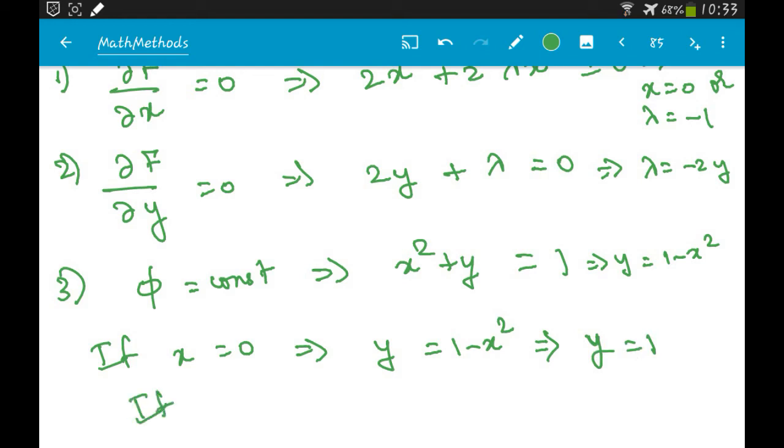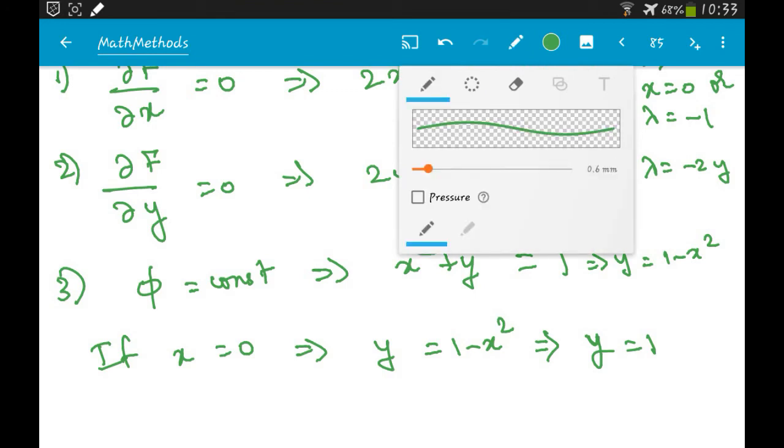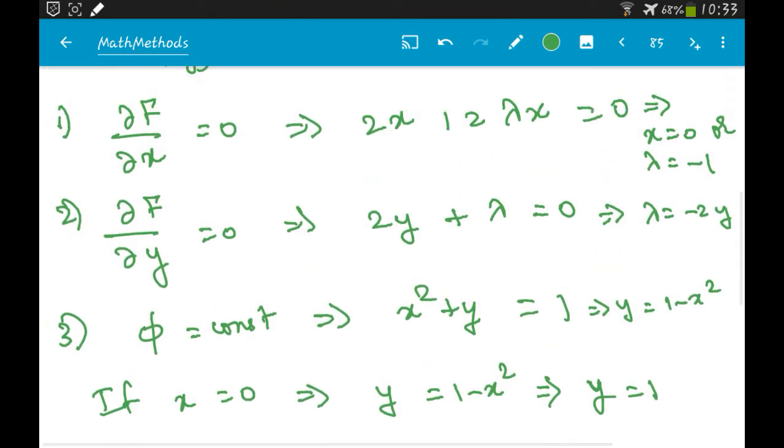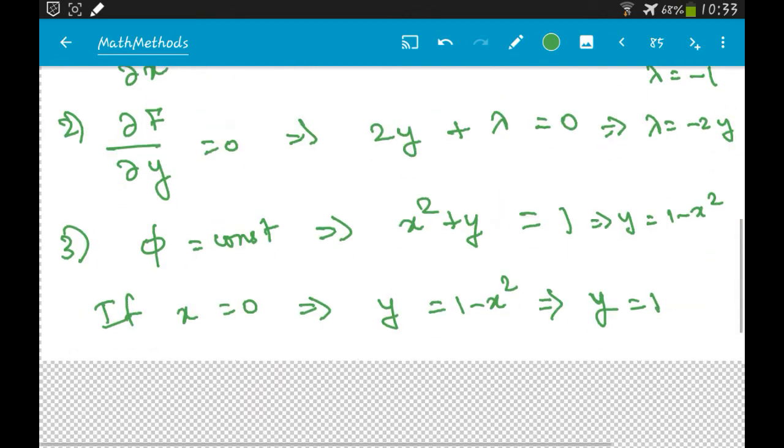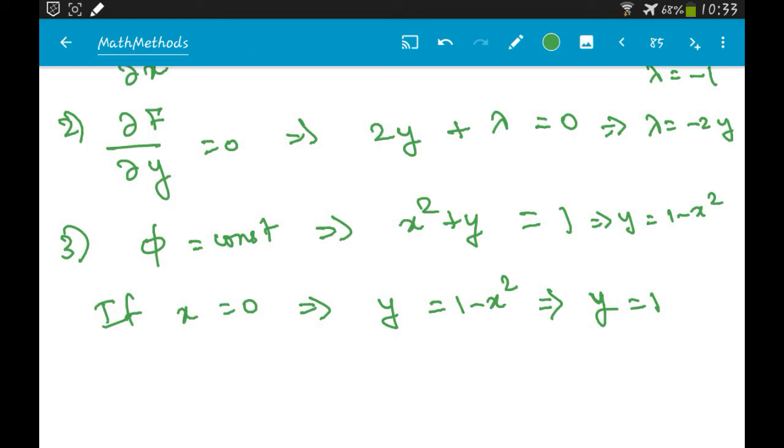Then since lambda is equal to minus 2y, lambda is minus 2.